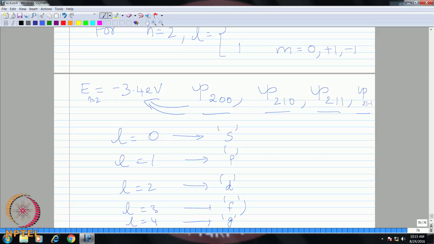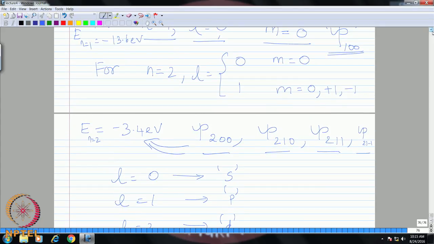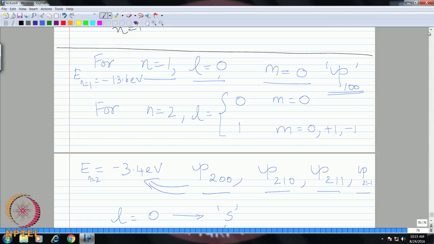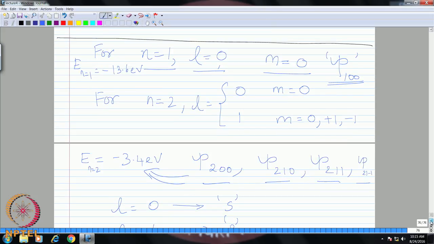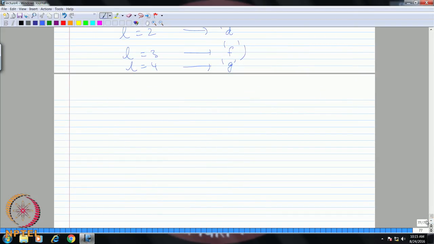So, now looking at these quantum states, you can clearly understand how these orbitals are filled. For the case of n equal to 1, L equal to 0, m equal to 0, what is this orbital? I will just draw the corresponding energy. We have n equal to 1, denoted by the wave function 1, 0, 0.